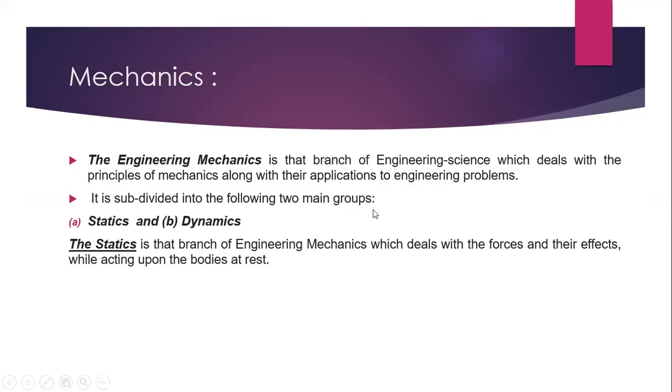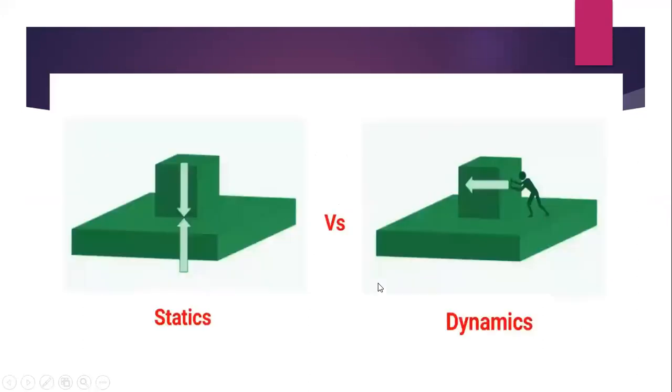Further, engineering mechanics can be divided into two types, statics and dynamics. Statics takes a rigid body subject to rest. There is no motion. So under resting condition, what are the types of forces which are applied on the rigid object?